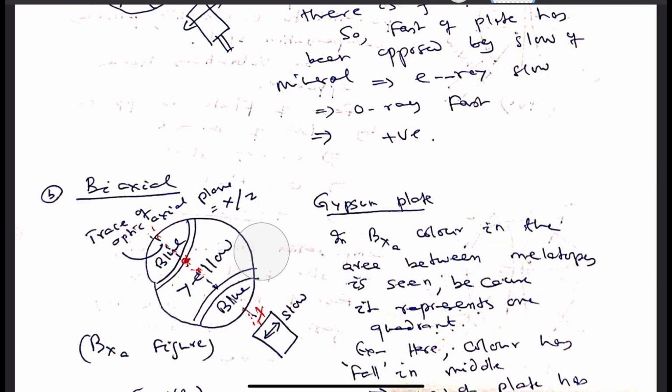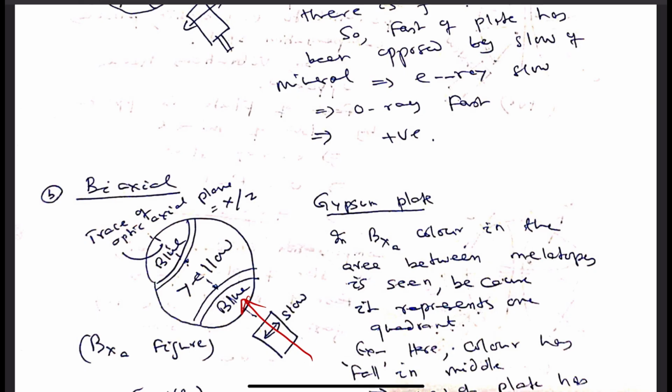The acute bisectrix figure presents a feature like this in the 45-degree position. Let us see that the gypsum plate is being used with its fast direction.